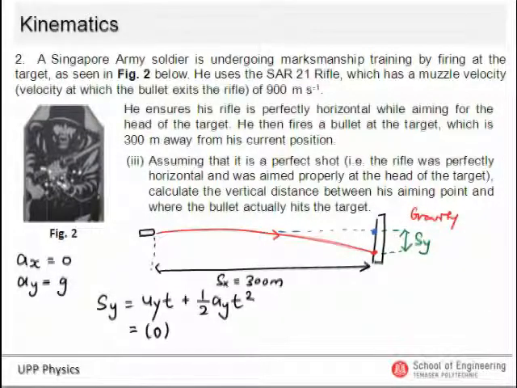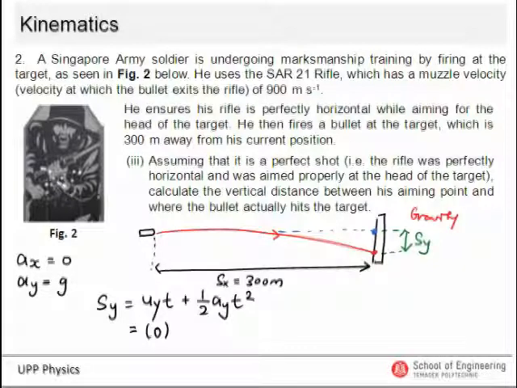Why is it 0? Remember, the question states that the bullet exits the rifle with a horizontal velocity of 900 meters per second. The soldier is holding the rifle horizontally. So that's why there's only the initial horizontal velocity of 900. There isn't any vertical velocity. So the vertical velocity initially is 0.